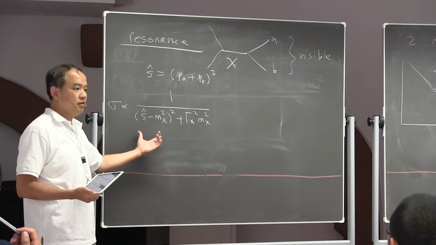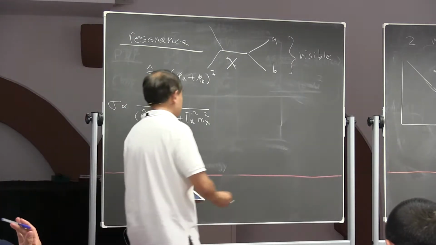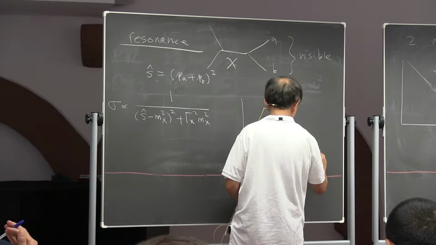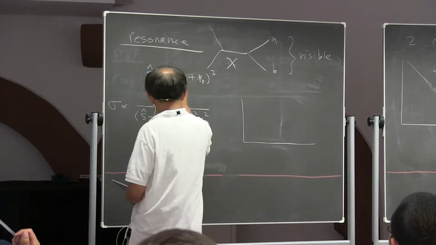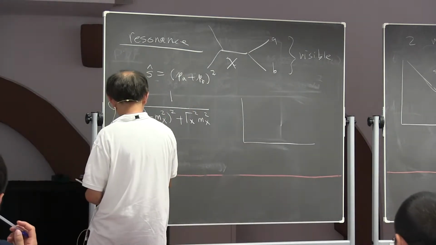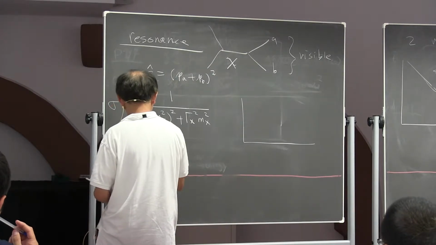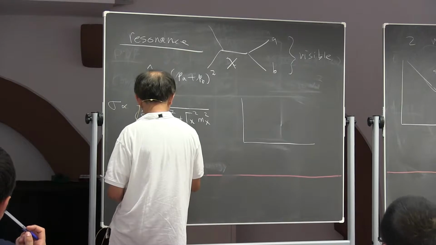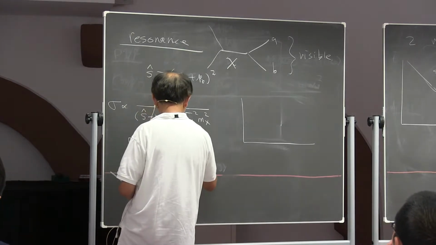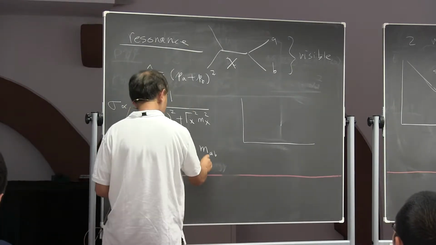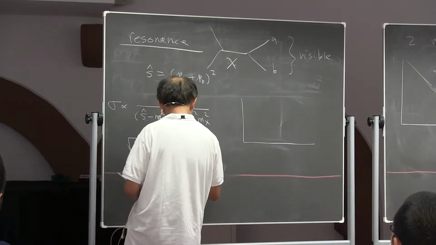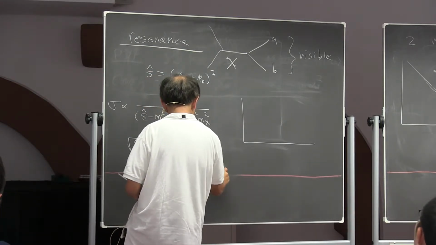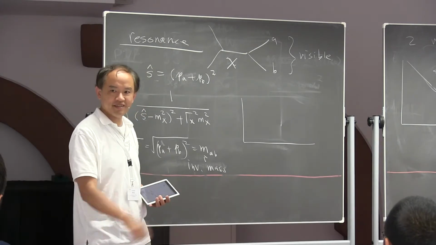resonance. Sometimes I call the square root of S hat, the square root of PA plus PB squared, MAB. I'm calling this the invariant mass. Okay, it's Lorentz invariant, and it has the dimension of mass.